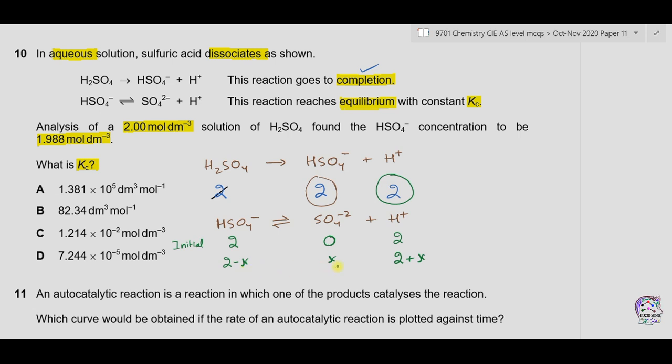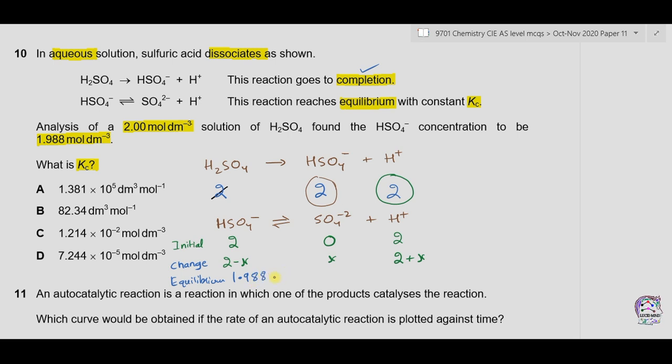So we can write that amount as X. This step is the change in concentration. Now the third step is the equilibrium concentration. In the question we can see that the HSO4- concentration is equal to 1.988 mol per dm³. So this is the equilibrium concentration of HSO4-.